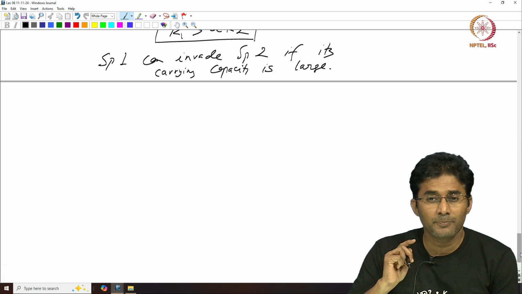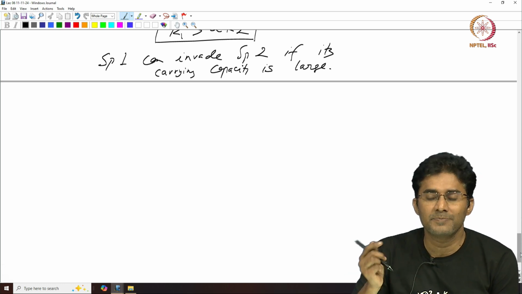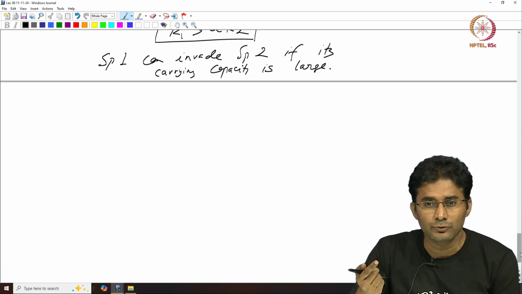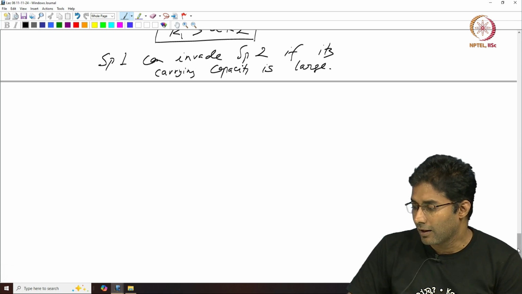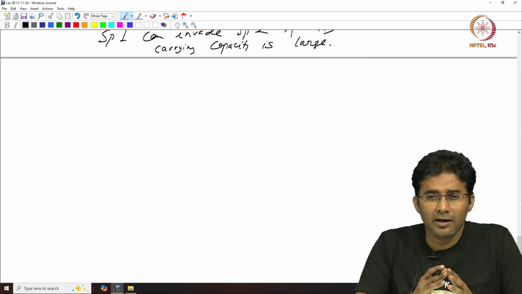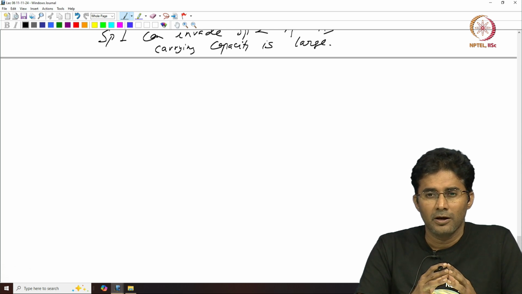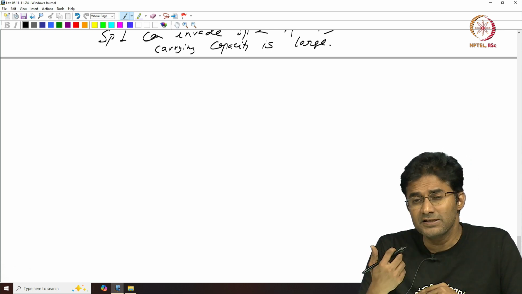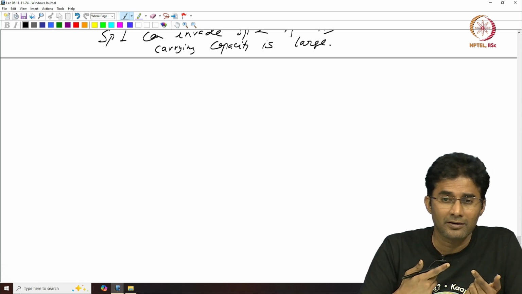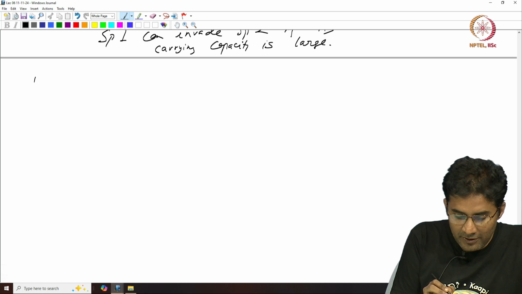But let me make one remark at this stage. The fact that species 1 can invade species 2 does not mean that species 1 would exclude species 2. In fact, what we need is that if we now start only with species 1, then species 2 should not be able to invade species 1. That is also a necessary condition. So, let me make this point clear.